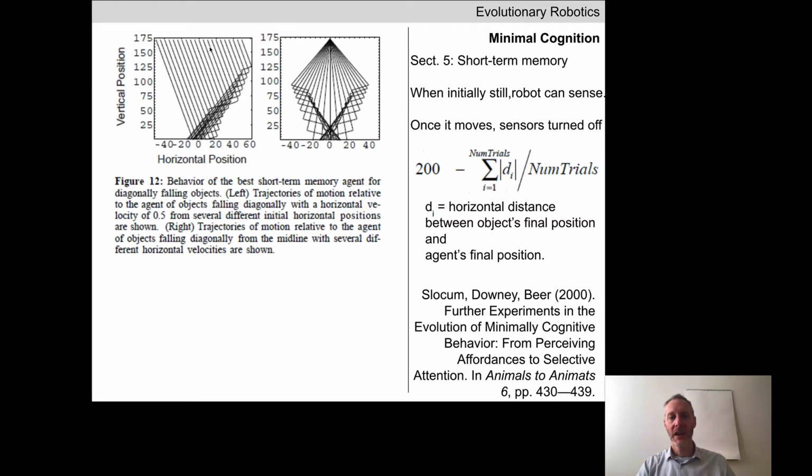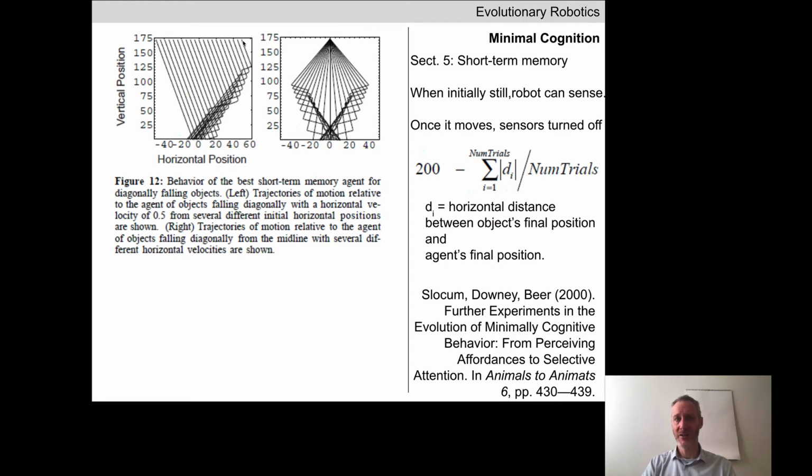Okay, here's another fun example. In this case, they took an evolved successful CTRNN. These were evolved to catch diagonally falling objects. We're now again playing back the best evolved CTRNN, and you'll notice the robot does something different in this case. Let's look at this one over here.